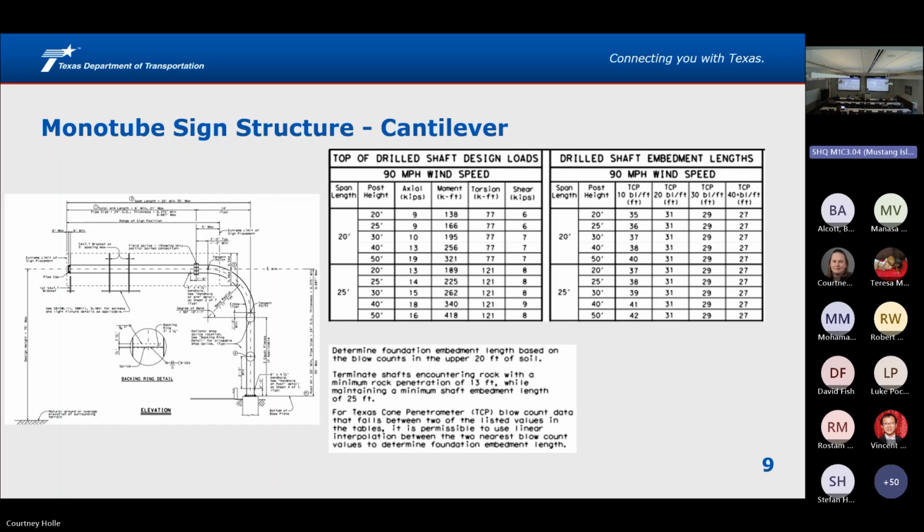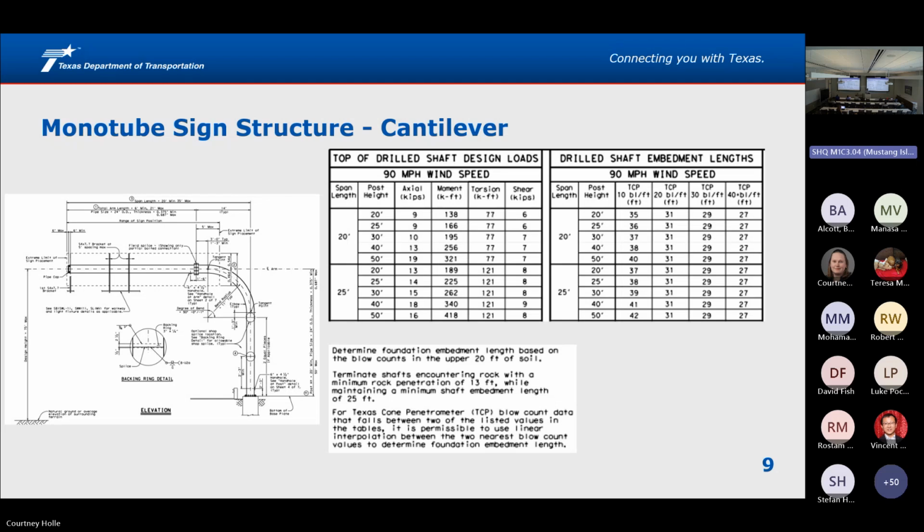This one also has, and this is a question I get a lot, how do I handle it when I run into rock? I'll talk a little bit more about this in more detail, but for laterally loaded shafts, it's not quite as straightforward as an axial design.